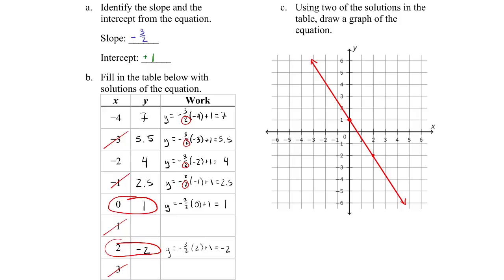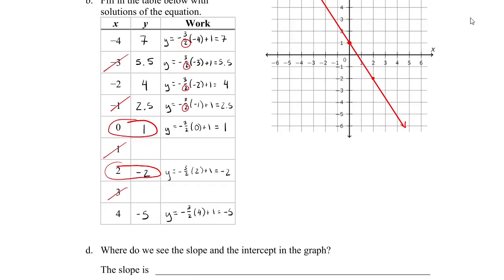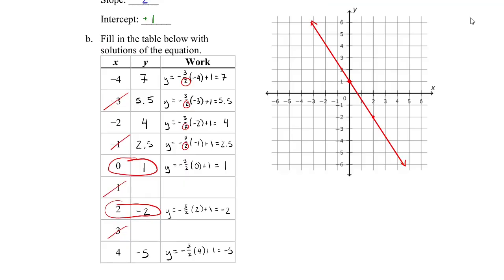Okay, so let's look again at the slope and intercept and how they show up on this graph. Slope first. On the other graph, we said that when we go 1 unit to the right, we went up 2.